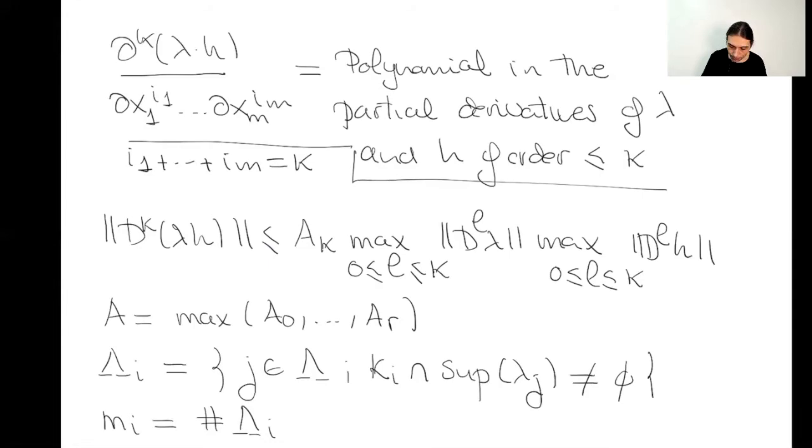And now we are going to define mu I, which is going to be the norm of lambda j in ki with respect to the CR norm, if you want.